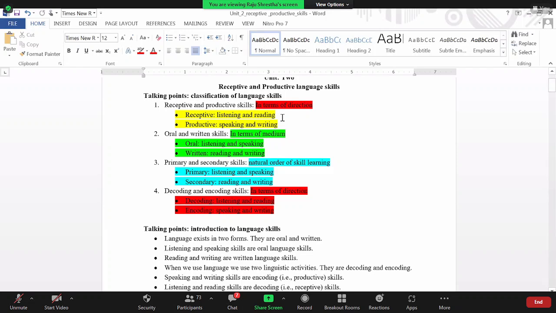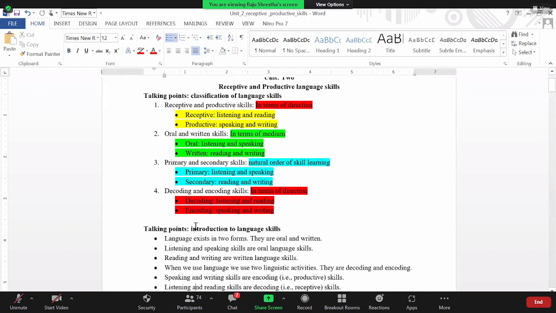When we speak and write, something goes outside, something will be audible and visible to the participants, readers. Then they are the productive skills. Oral and written, primary and secondary, decoding, encoding, just understand there are other classifications of skills.